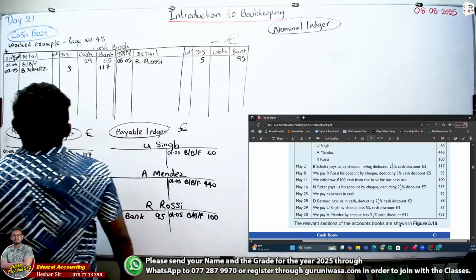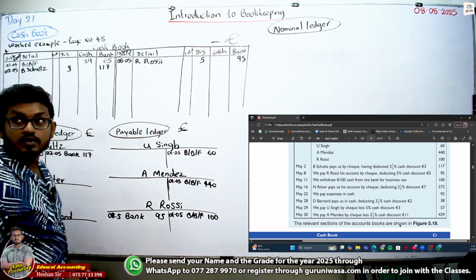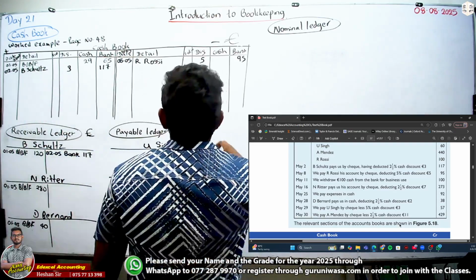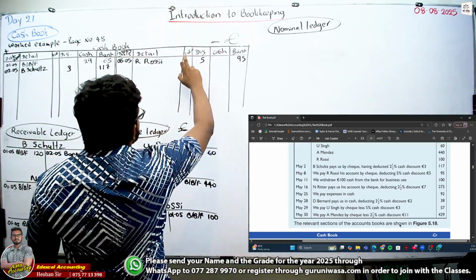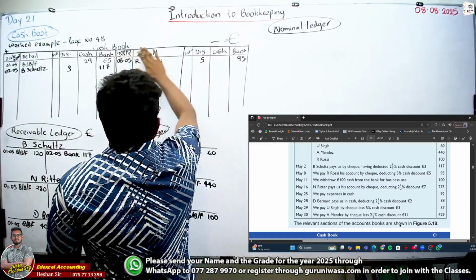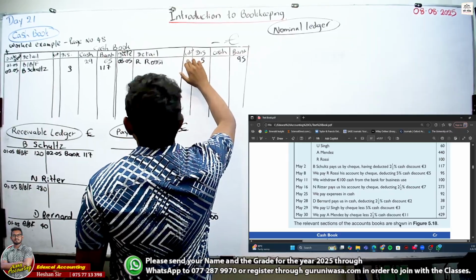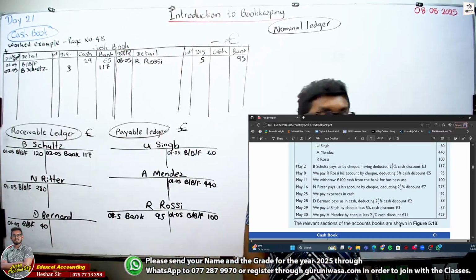Now when we see, if I take payable PL3, which means the debit entry, this is the credit entry. Debit entry in the payable ledger, page number 3. Understand?